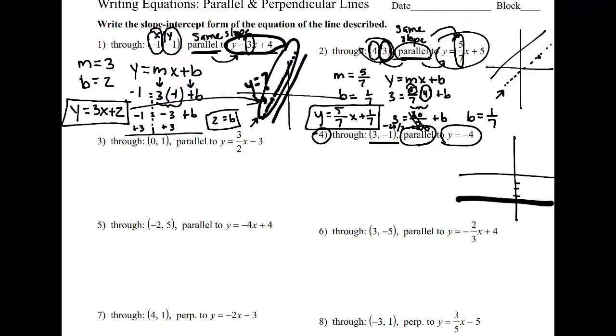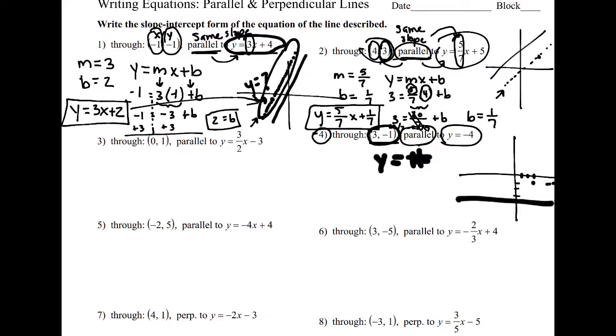So we know it also is going to look like y equals a number. Well, what number? Well, look at what point it passes through. Look at the fact that it passes through the point 3, negative 1. Well, no matter what you do, if you really look at this, over positive 3 and down 1, it's going to be here.